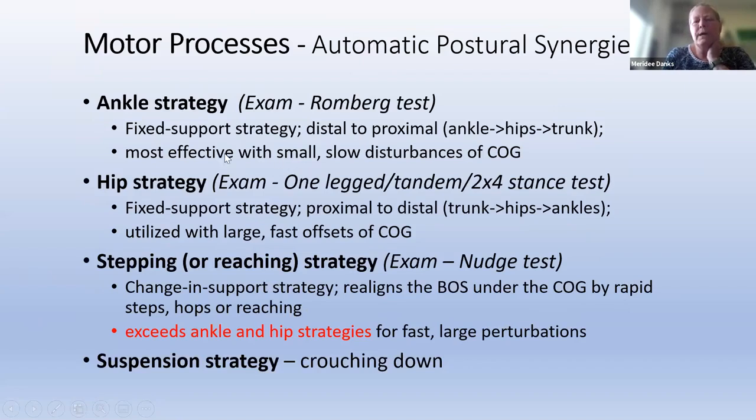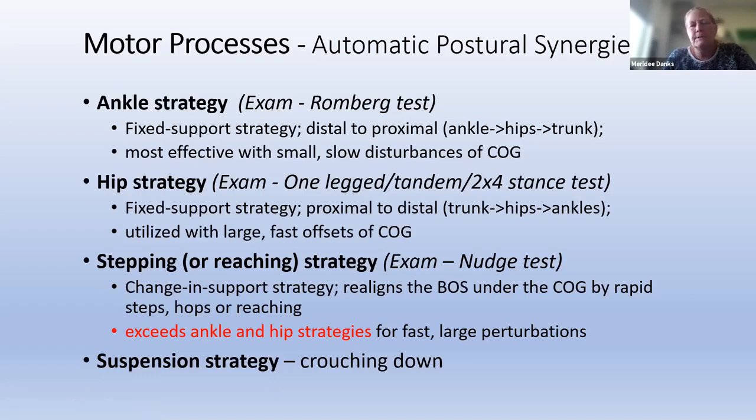So if you look at when you're standing and you have your eyes open and your feet are close together and you're doing the Romberg, and if it's not challenging enough, you can do a tandem stance, put one foot in front of the other, the tandem Romberg, and you'll feel that your ankles are doing a little bit of fine adjusting back and forth, back and forth. That's your ankle strategy. So our first line of defense in balance would be that ankle strategy. It works really well for small, slow disturbances.